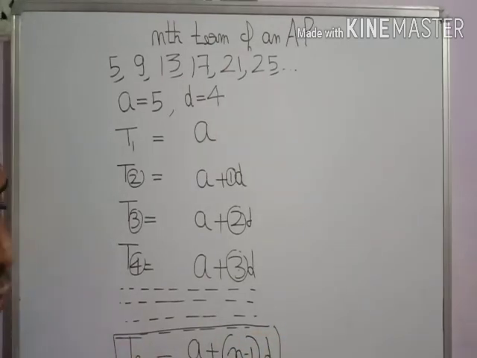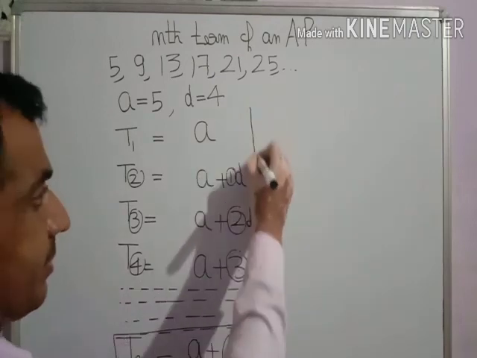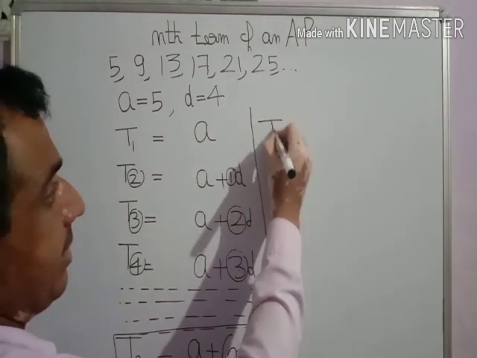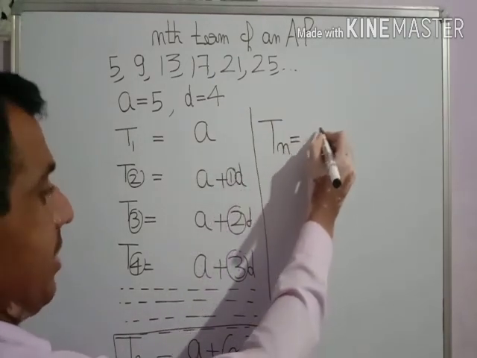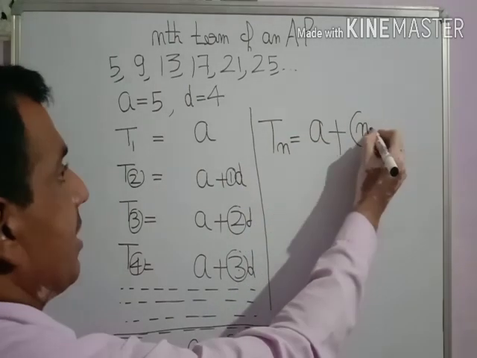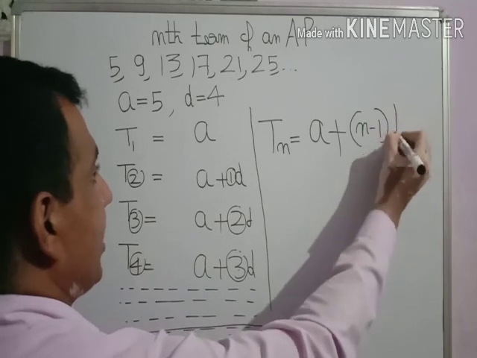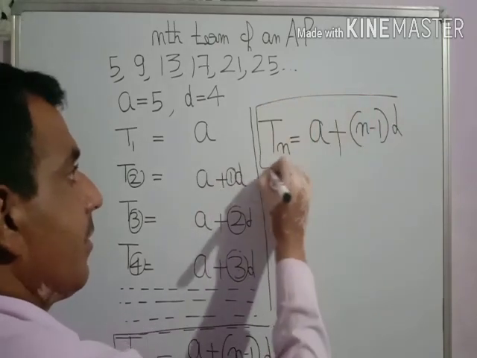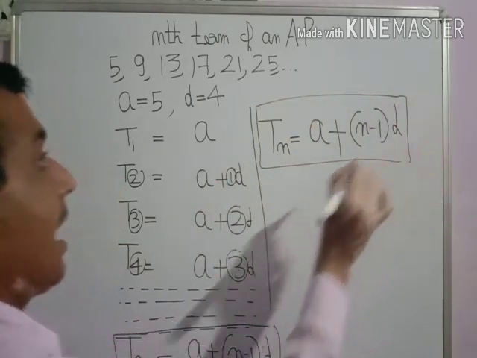I think it is not visible here, so I write here. It means the nth term we write as Tn is equal to A, the first term, plus n, the number of terms, minus 1 into D. So we got the nth term.